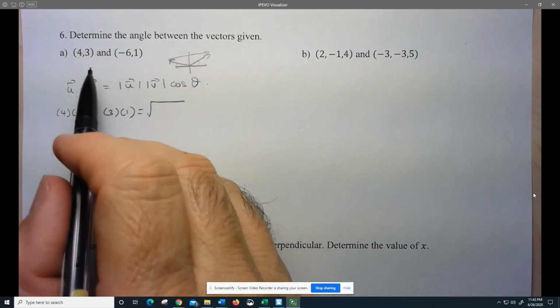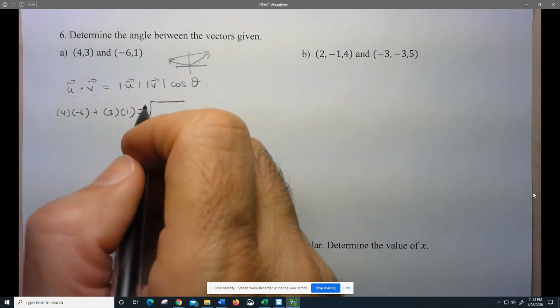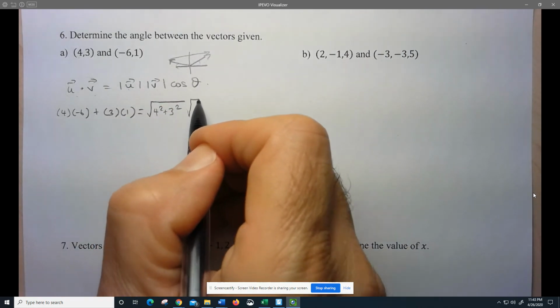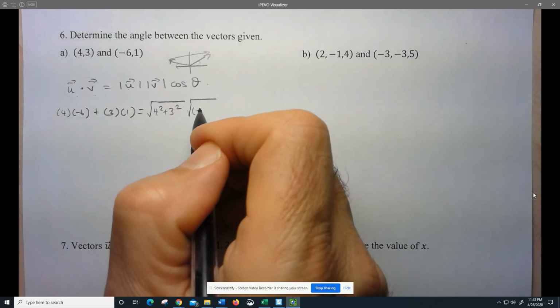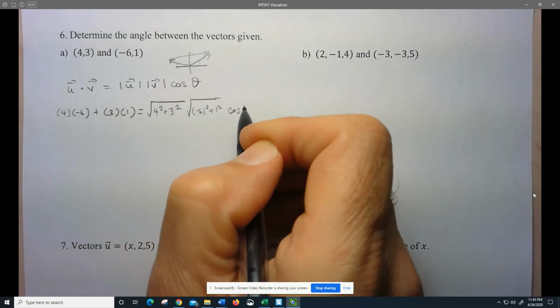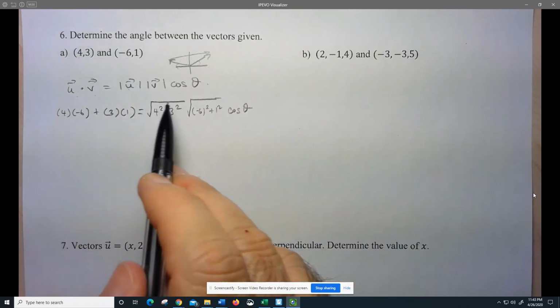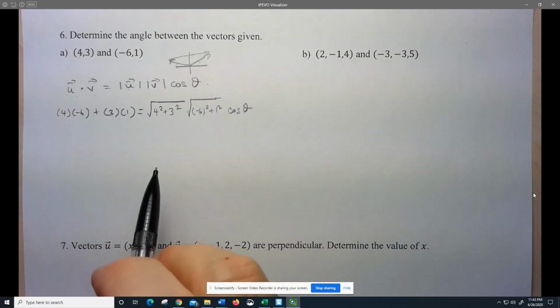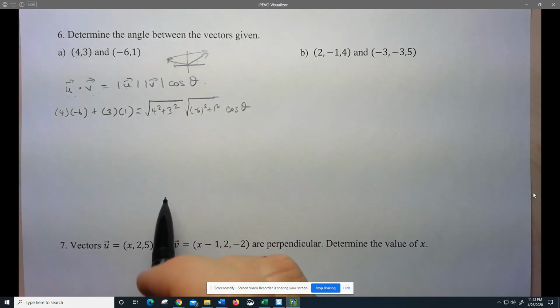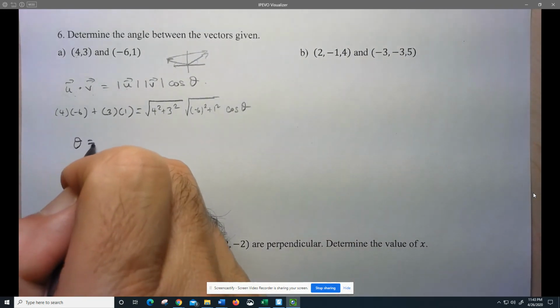Very easy to solve. It's just the sum of the squares, so 4 squared plus 3 squared, times the magnitude of v. Again, very easy to find. -6 squared plus 1 squared, times cosine of theta. And look what we have. The only variable left in the equation is my theta. So let's solve for theta.